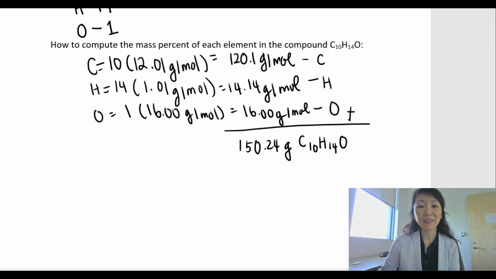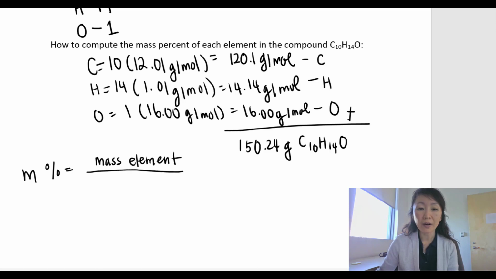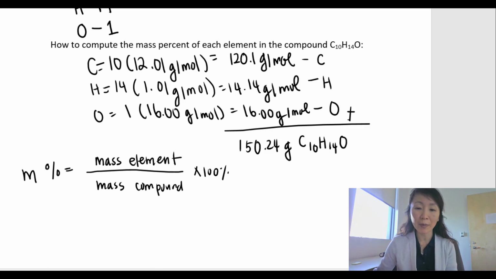So let's go ahead, and we haven't even found the mass percentage yet, but let's do that now. The equation shows that the mass percentage, I'll put it as M, is equal to the mass of the element divided by the mass of the entire compound, times 100%. So I'm just simplifying here a bit from what I had written above.